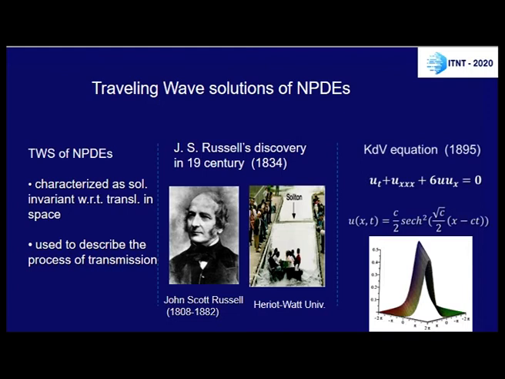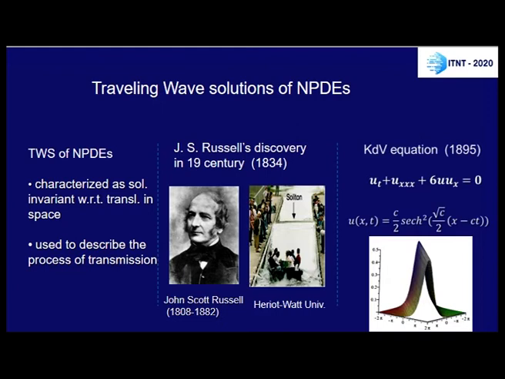It formed the shape of a round, smooth, and well-defined heap of water that moved along the channel, apparently without change of form or reduction of speed. He followed on horseback after a chase of 1 or 2 miles. He lost it in the windings of channels. This singular and beautiful phenomenon was named the solitary wave.